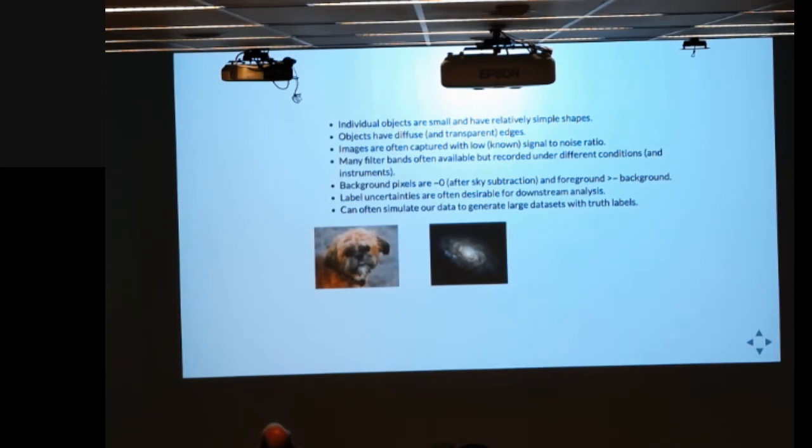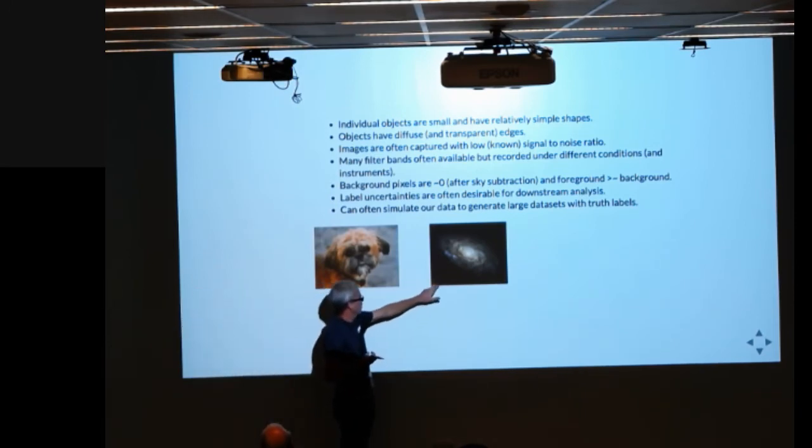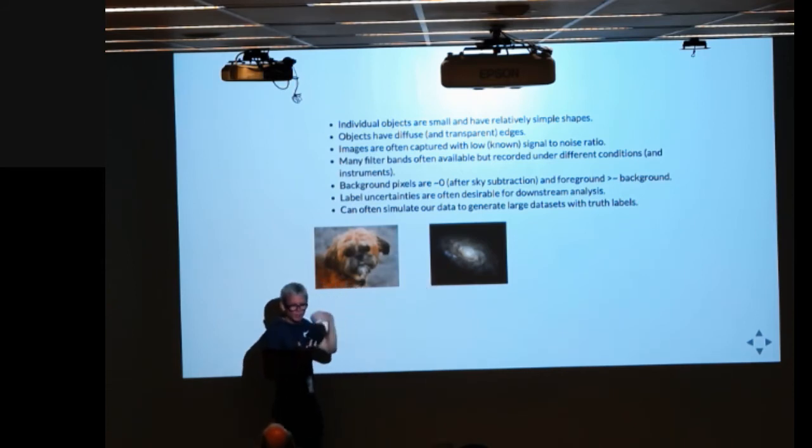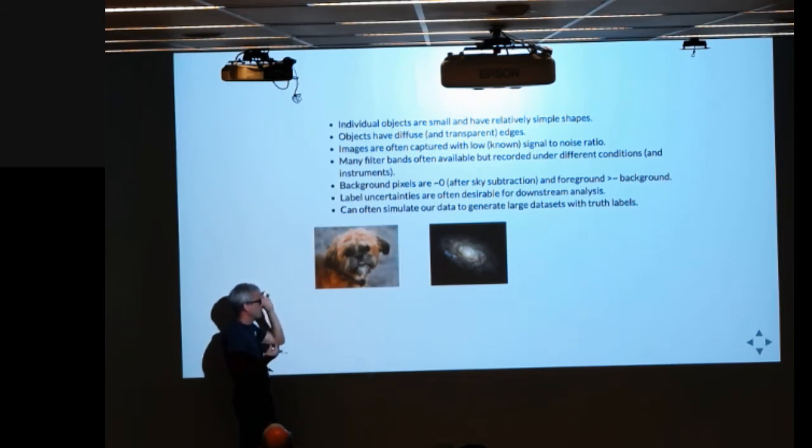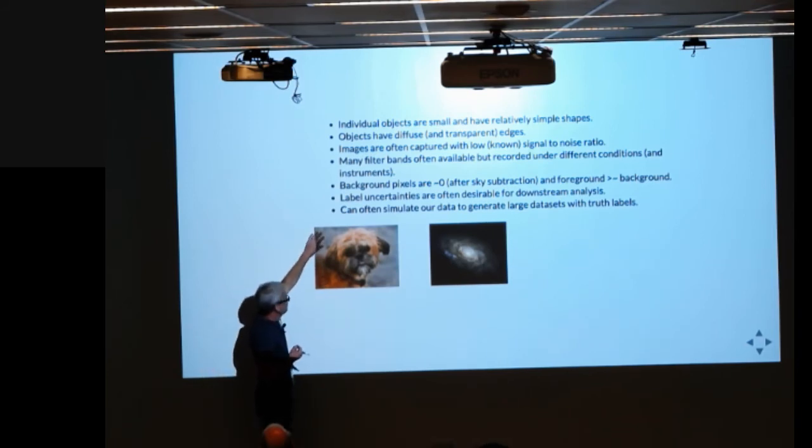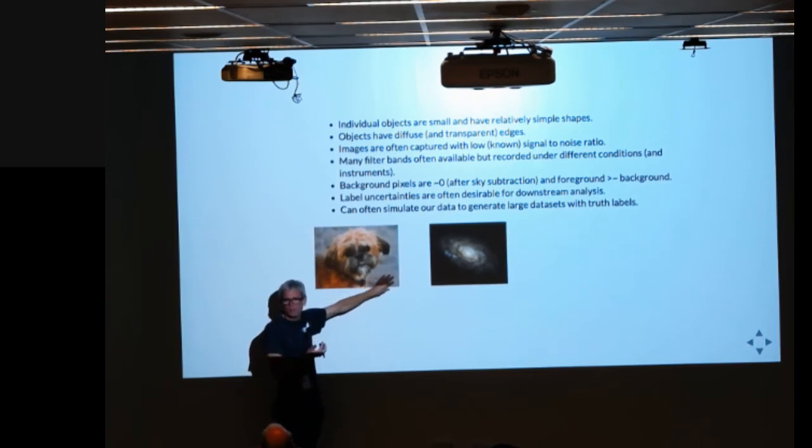Another issue is that the background, after you do your sky subtraction, actually has a well-defined value. These values are 0. There's some noise, but essentially they're 0. And that's a really strong prior that is generally not taken advantage of if you just use algorithms designed for these types of images. Because the background here is just whatever is behind the dog, and that can have any pixel values.